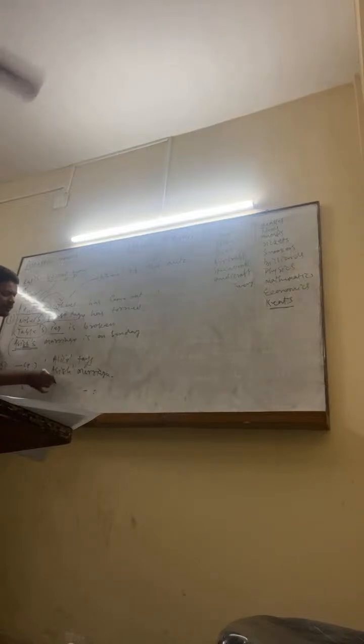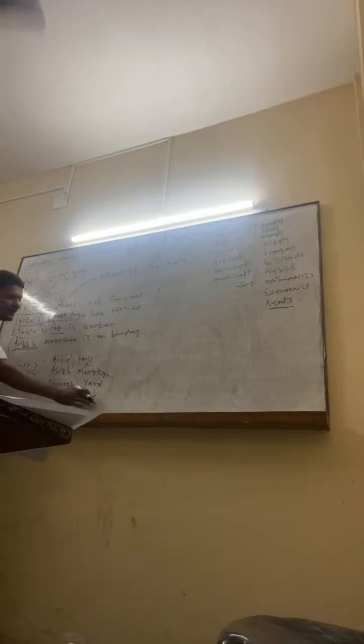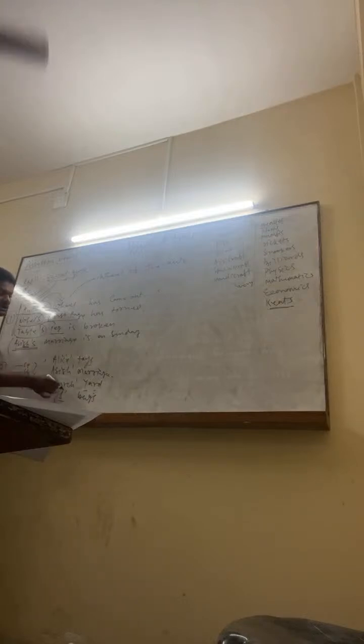Then you would also find church, churchyard, right? Or boys, bags, right? And what do you find here? That any word that ends with s, ch, sh, and c should only carry an apostrophe.